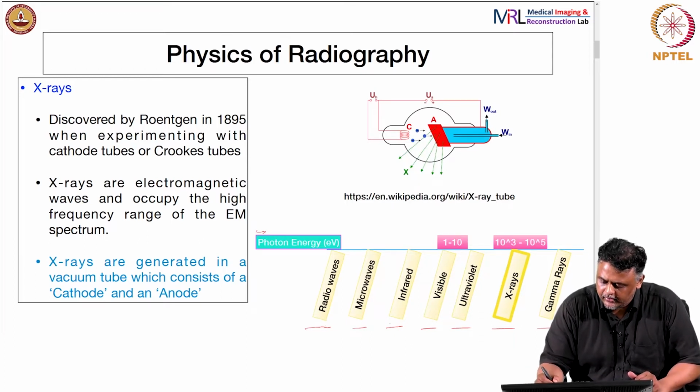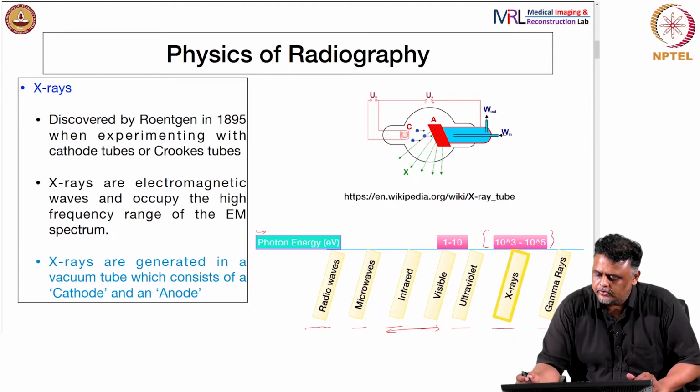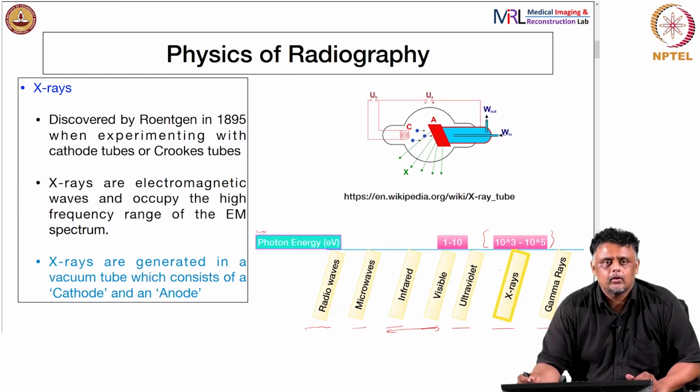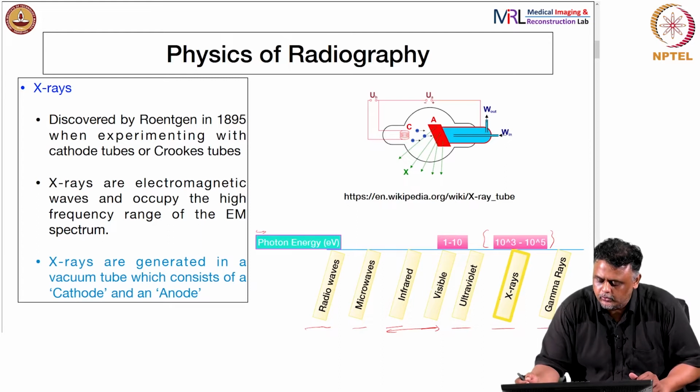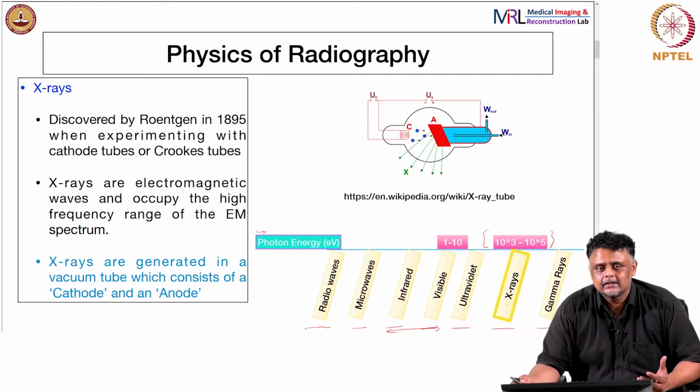Infrared and visible are of the order of nanometers. As we move to the X-ray range, the energy is of the order of thousands of electron volts. Typically, the medical X-rays that you use for imaging would be of the order of tens of kilovolts.